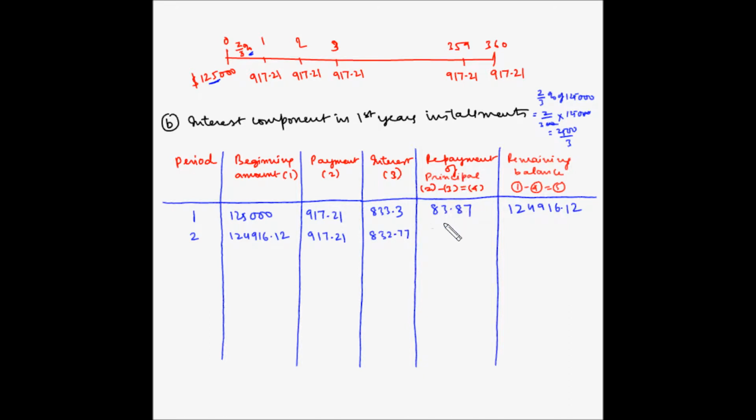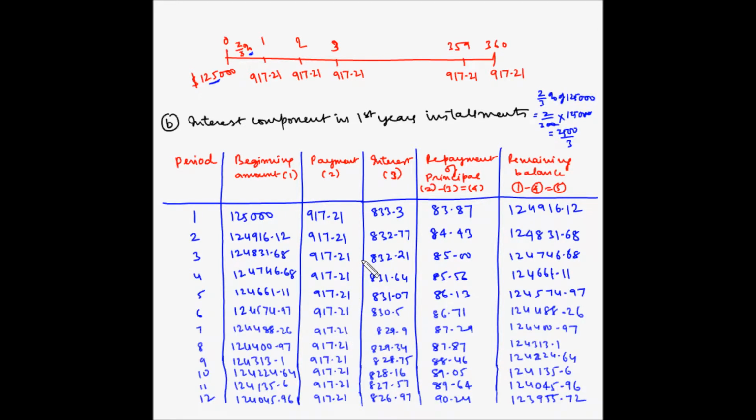Now the principal payment as part of the second month's installment will be 917.21 minus 832.77. So this becomes 84.43. And now the remaining balance is the beginning amount minus the principal payment for that month. So this becomes 124,831.68. So similarly, let me note down the details for the remaining 10 months.